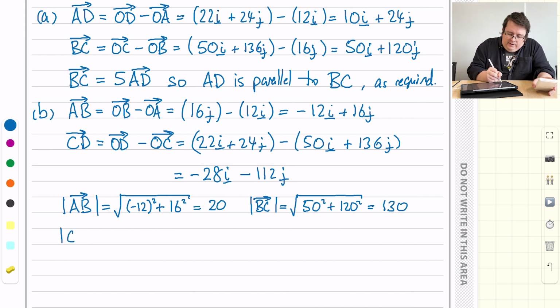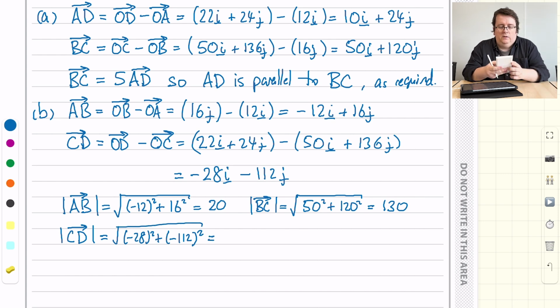We need the length of CD. So I'm going AB, BC, CD. We've got the square root of minus 28 squared plus minus 112 squared. That's 13328, so the square root of that is 28 root 17.